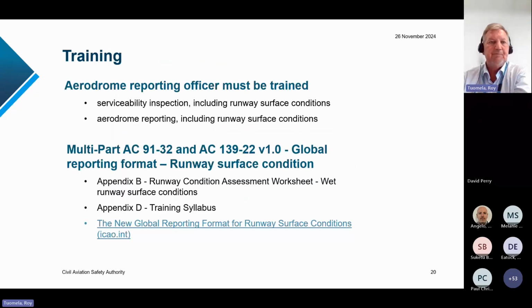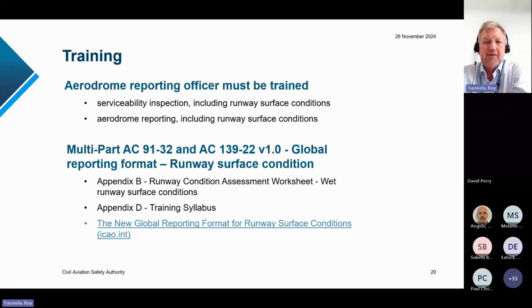So what about training? AROs need to be trained to conduct GRF runway serviceability inspections and reports. So where do they get that training? We have a multi-part advisory circular that provides extensive guidance.